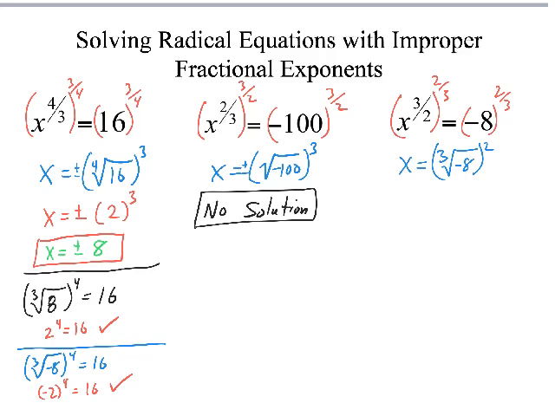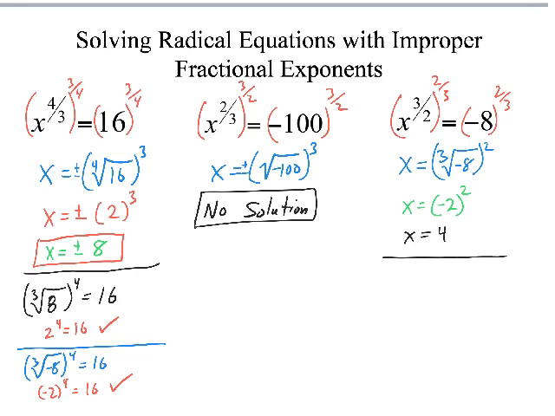Do we have a positive negative? No, because we're 3rd rooting both sides. It doesn't need a positive negative when you 3rd root. It's a little confusing, I know. All right, so the 3rd root of negative 8 is negative 2. So what is negative 2 squared? Well, x would be 4.